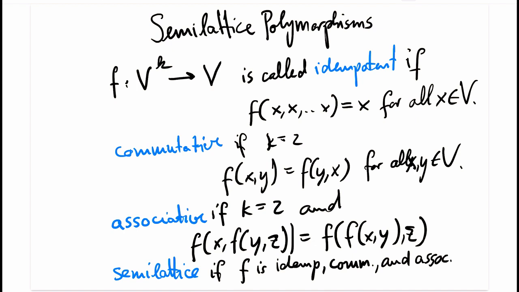You have already seen examples. One example is the minimum operation. It's a binary operation that returns the smaller of the two arguments. If they're equal, it returns this equal element. So it's idempotent, it's certainly commutative, and it's also associative.